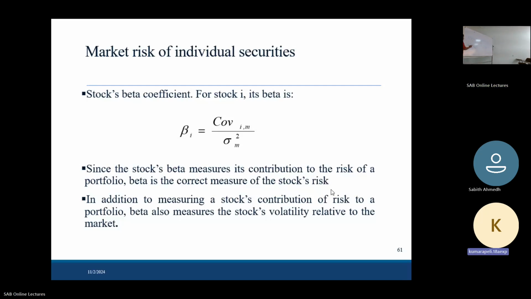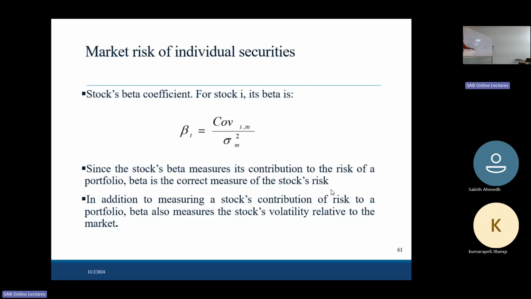You can calculate the beta for this company, and so you can calculate beta for all 298 companies. Then the market portfolio beta is the weighted average, so that is equal to 1.